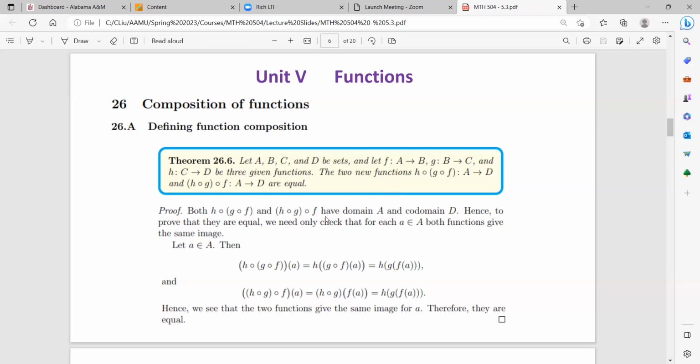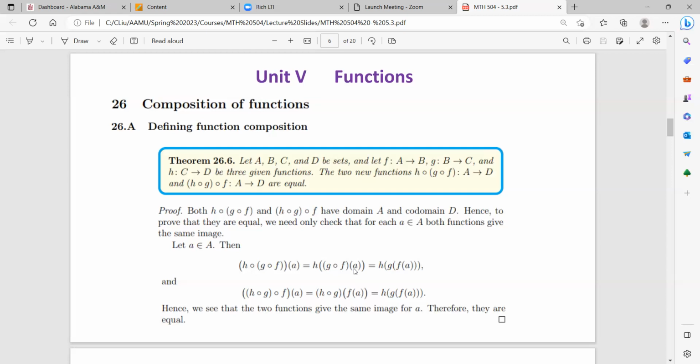So we need only to check that for each element in set A, both functions give the same image, and that's easy to show. So, for example, if you compose G with F first, and then compose that with H in the front, by definition, it's just H of (G compose F)(a). Okay, if you think G compose F is another function, right?